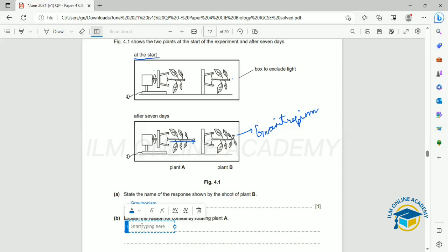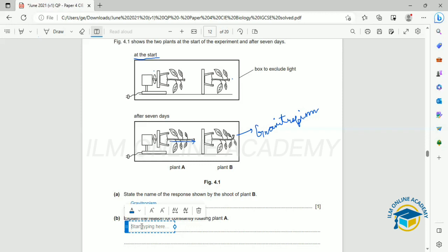The clinostat continuously rotates the plants through 360 degrees in order to negate or eliminate the set direction of gravity, so that it prevents the hormone auxin from accumulating on one side of the stem or the roots. And when auxin accumulates at one side of the stem, that is what happened to plant B.